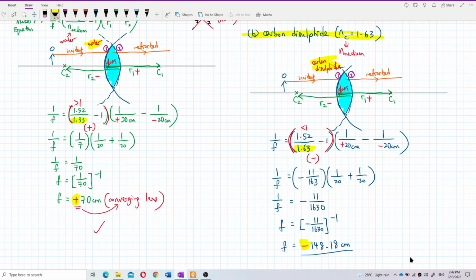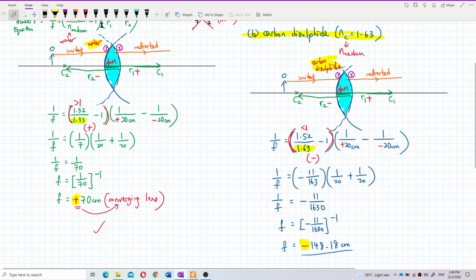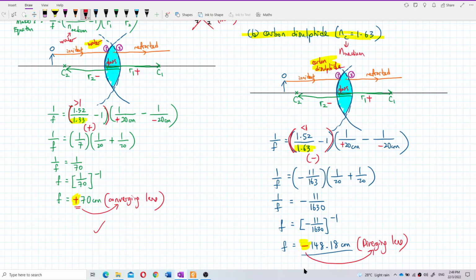What does it mean by negative f? Negative f means it's a diverging lens. So this negative sign means diverging lens.